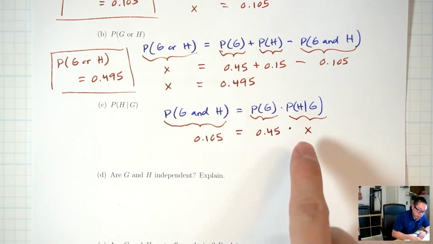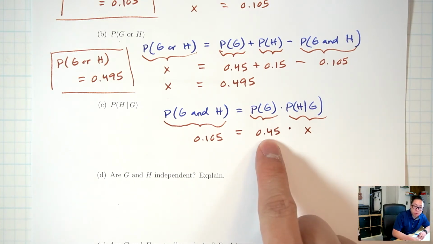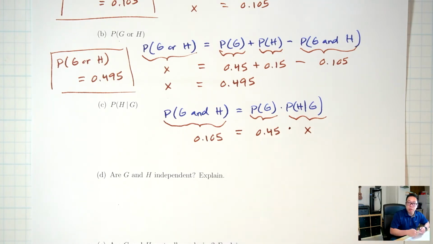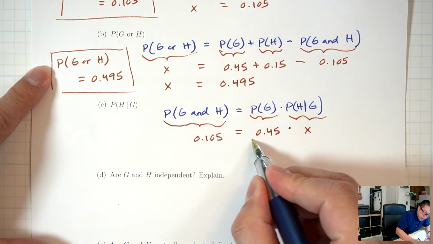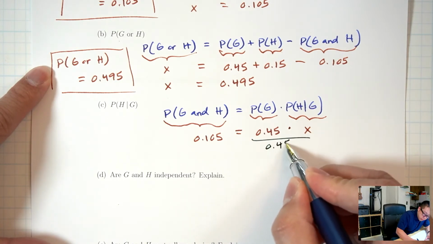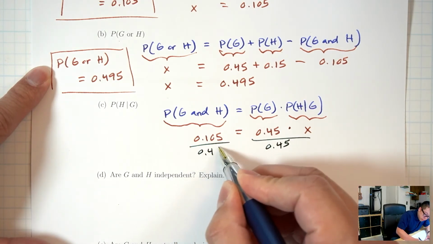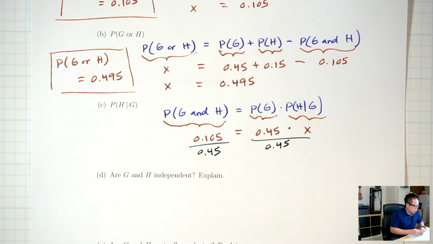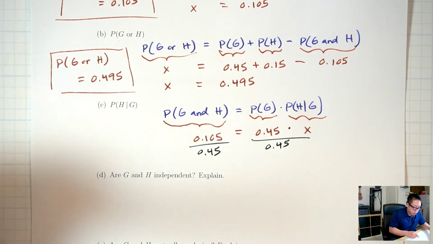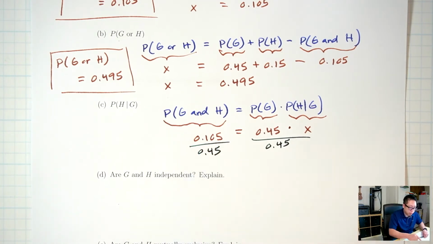Okay, so here the X is not by itself right now, right? There's this 0.45 being multiplied. So to get rid of the 0.45, you're going to do the opposite of multiplication. So divide both sides by 0.45. Okay, left side, 0.105 divided by 0.45.